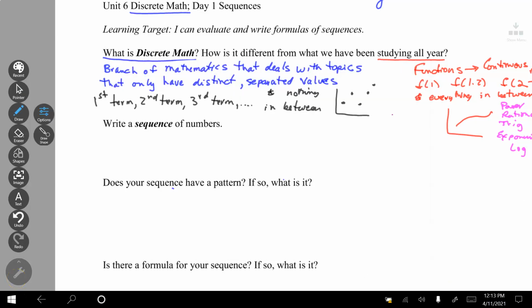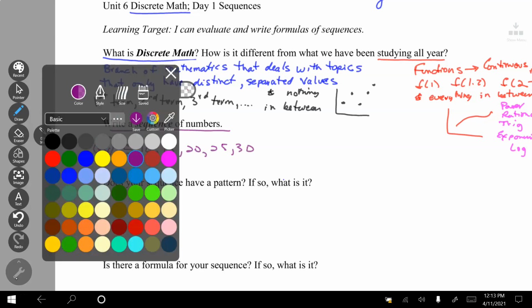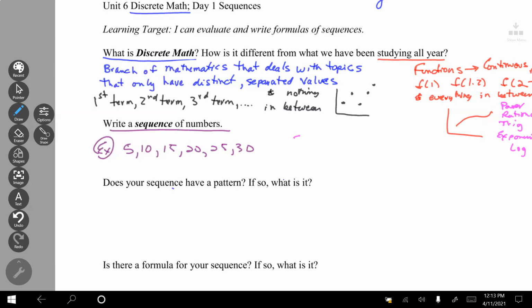So what we're going to study today is going to be a sequence. And an example of a sequence of numbers are 5, 10, 15, 20, 25, 30. Or we can do 3, 6, 12, 24, 48, 96. These are just sequence of numbers.